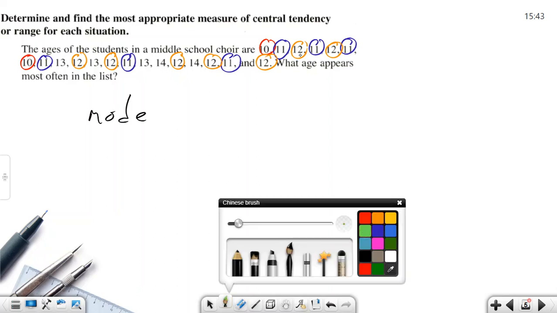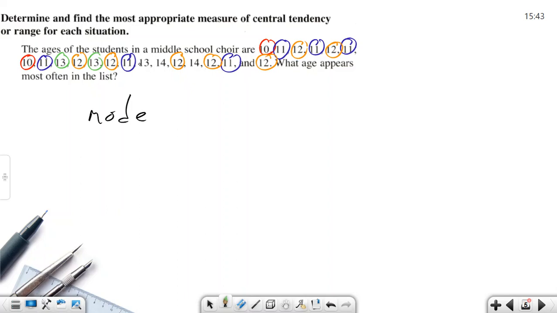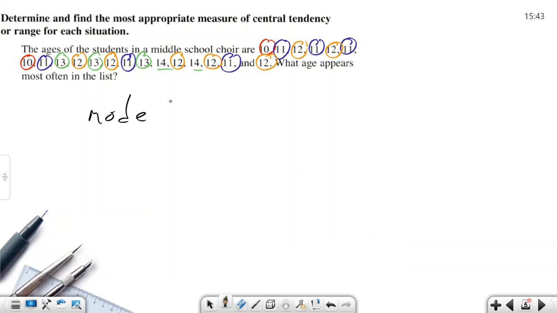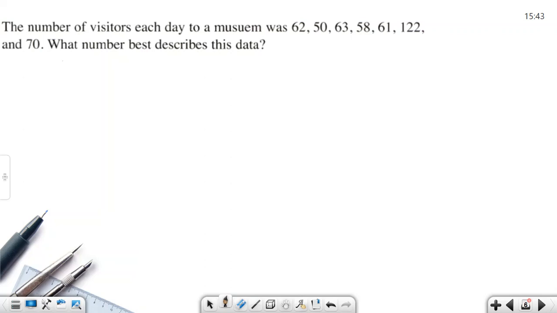And 1, 2, 3 13s. As you see, 2 14s. Which one is more? Most often you see 7 12s, so the mode equals 12.